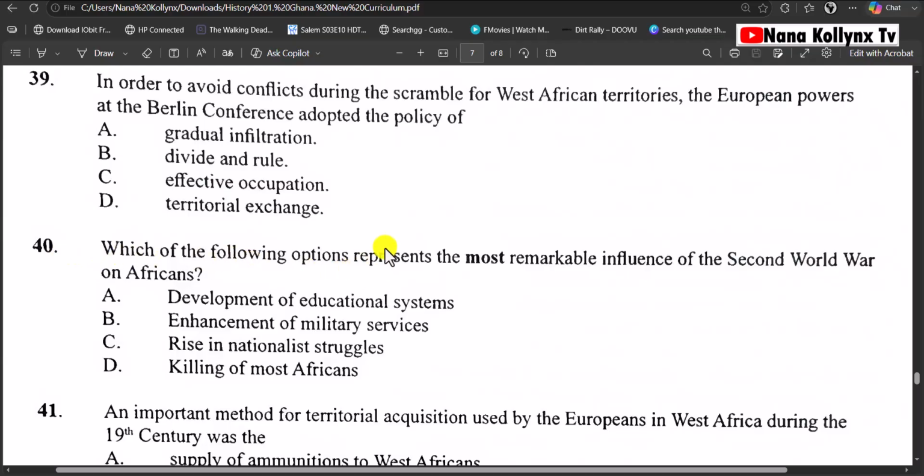Which of the following options represents the most remarkable influence of the Second World War on Africans?